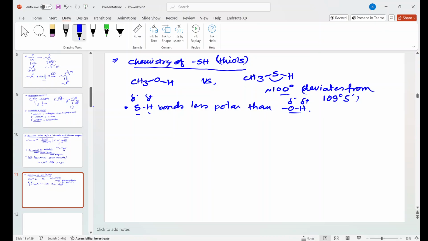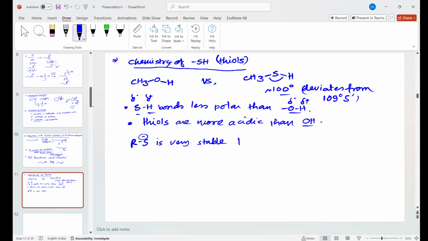So this bond is less polar. If you think of acidity, thiols are more acidic than alcohols. Why? Because this RS minus is more stable than RO minus. Because of the bigger size of the sulfur, it can accommodate or stabilize the electron.